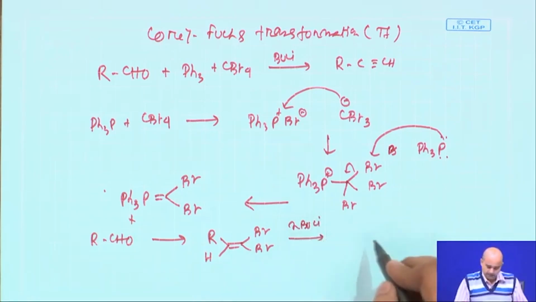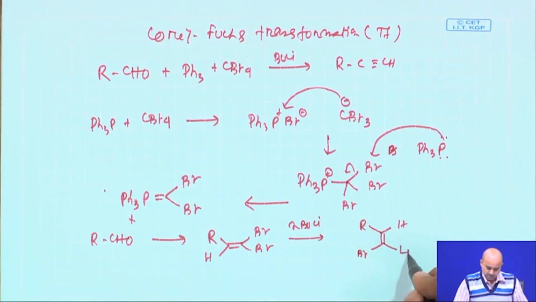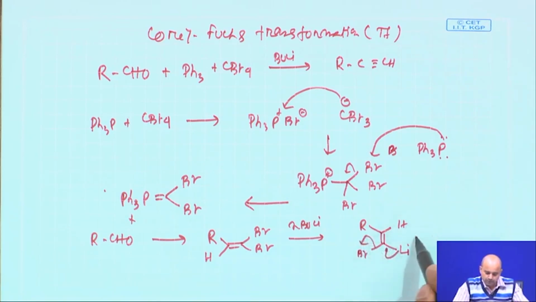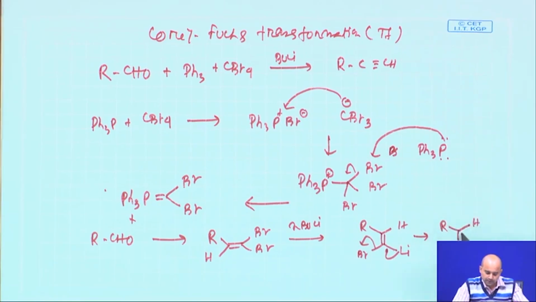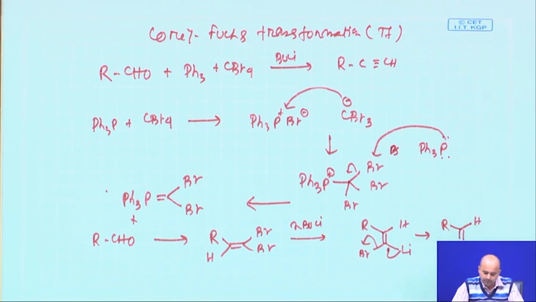One of the bromines will be exchanged with lithium to give you the vinylic lithium species. Now, this vinyl lithium species is not ideal; it tries to react in this way with the loss of bromine to give a carbenoid kind of intermediate where you have this negative charge.